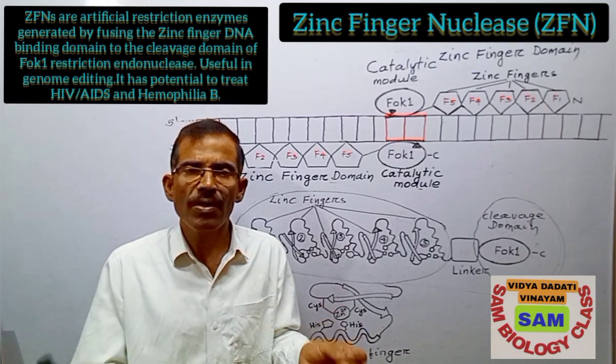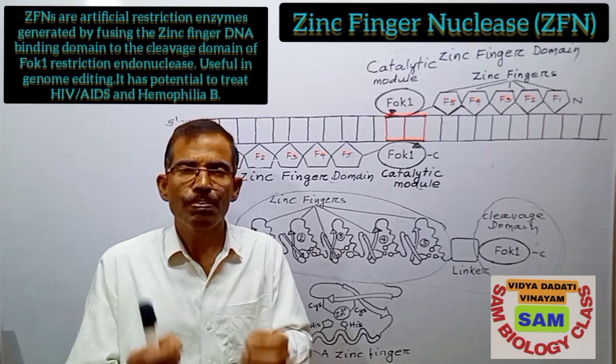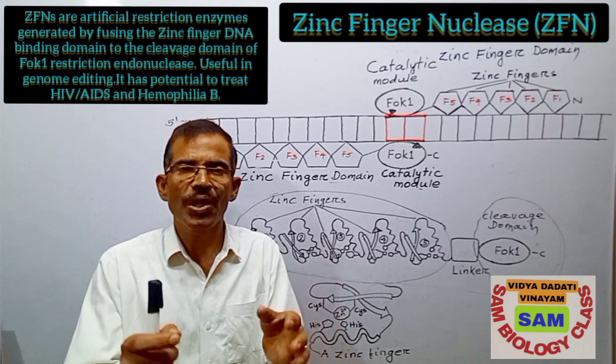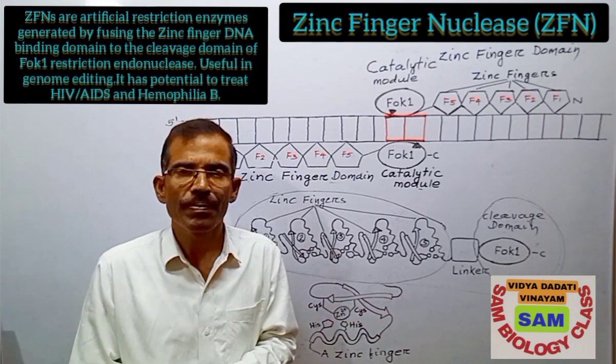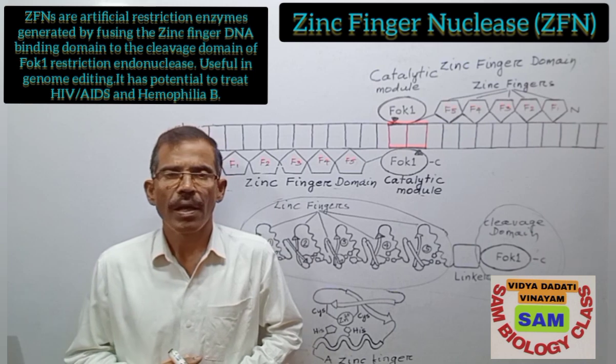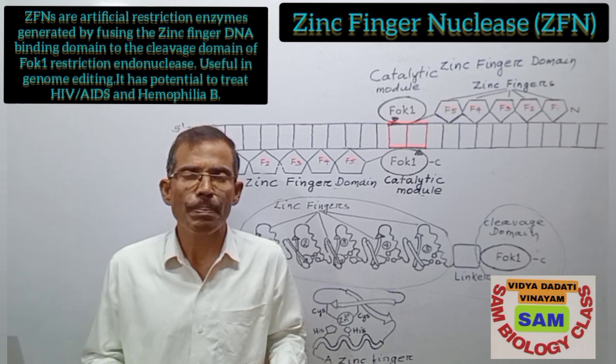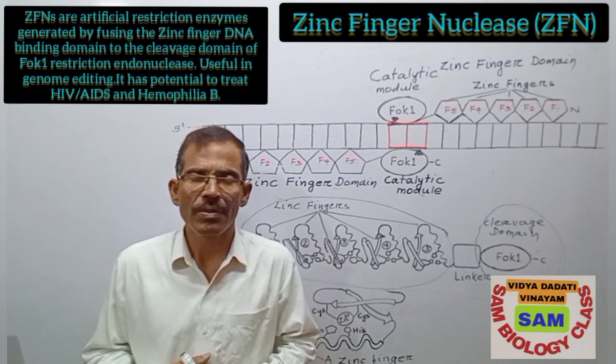The zinc finger domain can be engineered in order to target specific base sequences within a complex genome. Using methods such as phage display, a large number of zinc finger domains recognizing distinct DNA triplets can be identified.